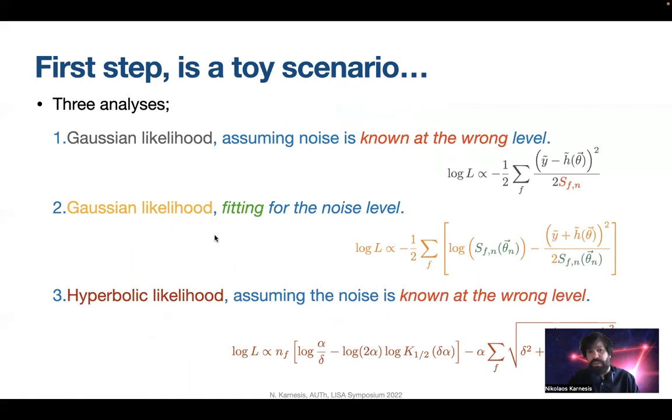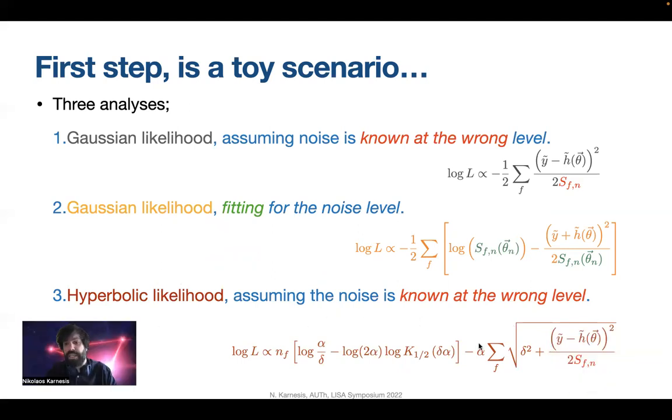I have the Gaussian likelihood again, but now I'm fitting for the noise. So now the noise depends on some parameters theta, basically just a level. And then I have the hyperbolic likelihood where the noise again is assumed known and at the wrong level, but we have all these alpha and delta parameters that we hope to compensate for this erroneous assumption, right?